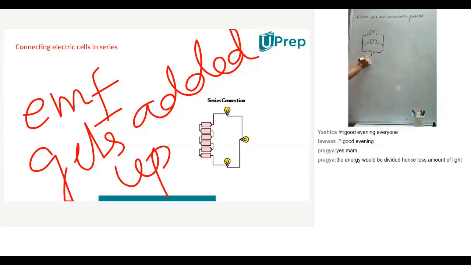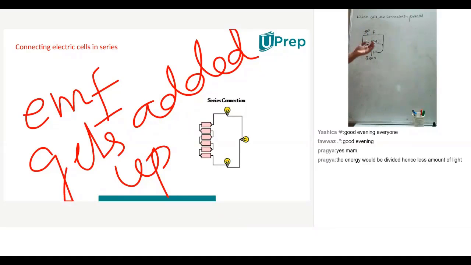If I am applying 5 volts, this bulb will also get 5 volts, this bulb will also get 5 volts. In general, at homes, the voltage we supply to electrical appliances is 220 volts. So when I connect a washing machine and a fridge, now both of them are getting 220 volts.